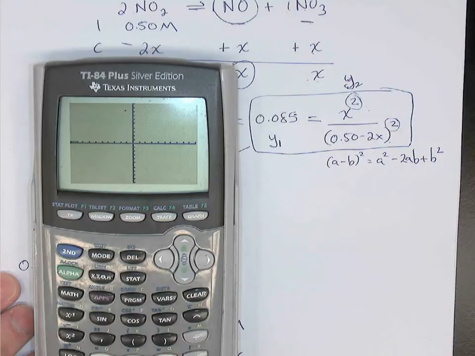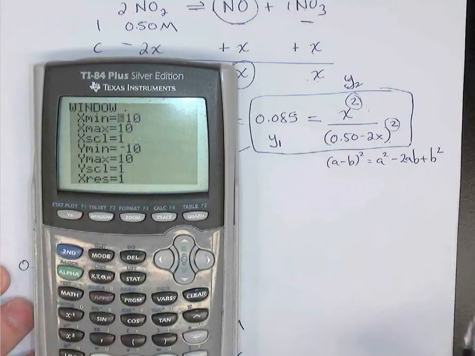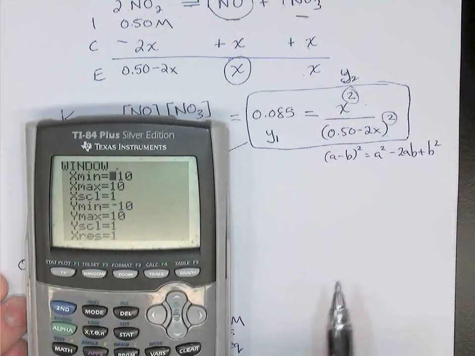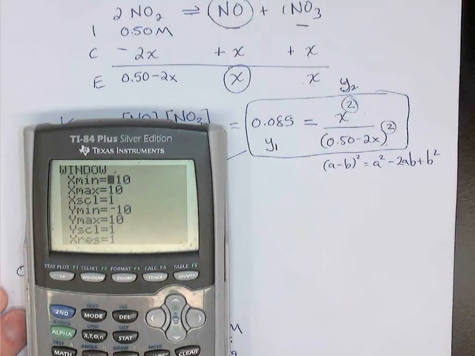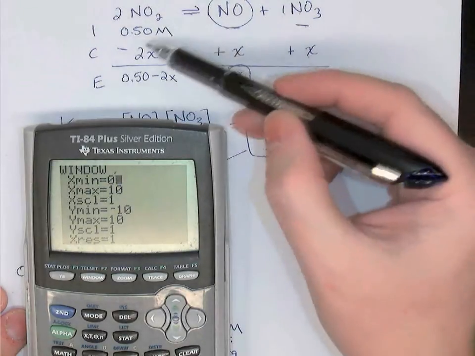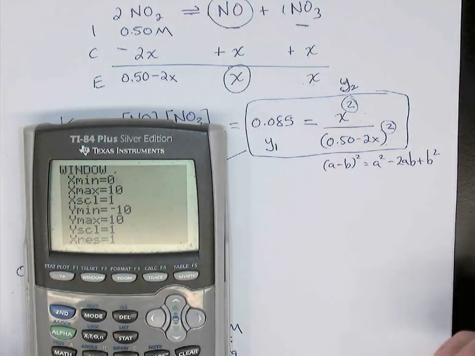Now this is probably not going to look very good, so let's think about the range for a moment. I'm going to go to the window settings, and I'm thinking about the chemistry, x's can't be negative in my chemistry, so I don't have to start at x of negative 10, I'll just start at 0. 0.5 minus 2x puts a limit on how big x could be. 2x can't be bigger than 0.5, or I'll get a negative concentration at equilibrium, which means that x can't be bigger than 0.25.